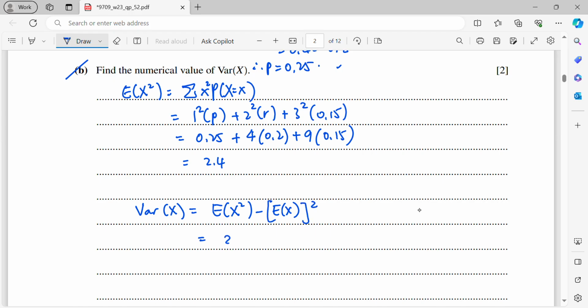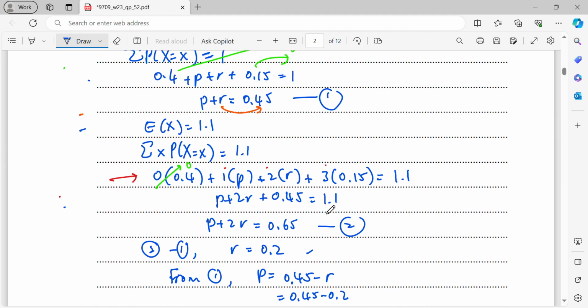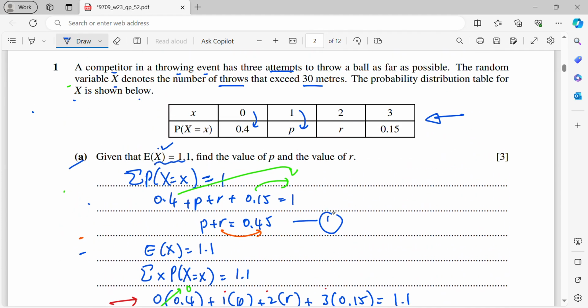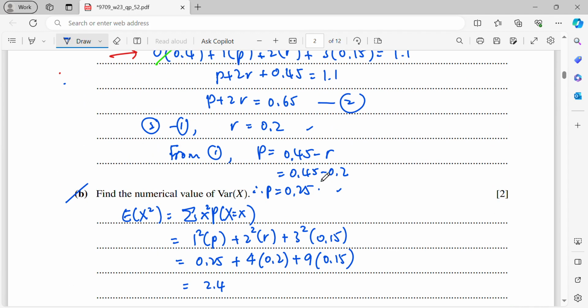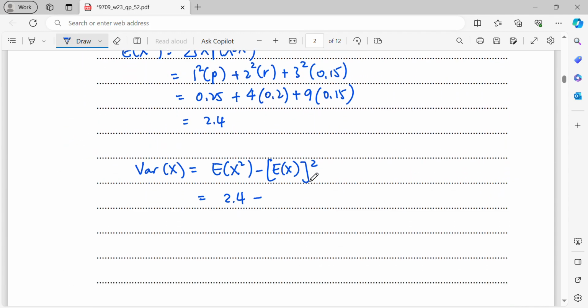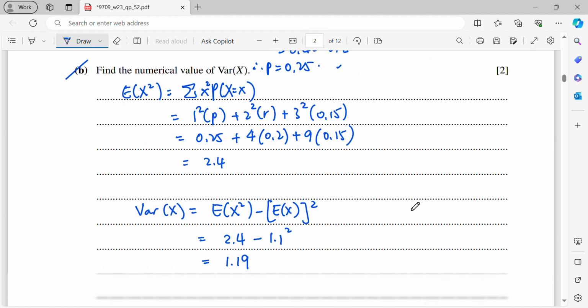Here I get 2.4 minus E(X), which is given in the question as 1.1, so I square the 1.1, minus 1.1 squared. At last you will get 1.19. So that is the solution for part B.